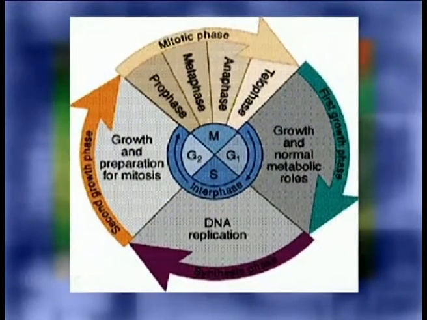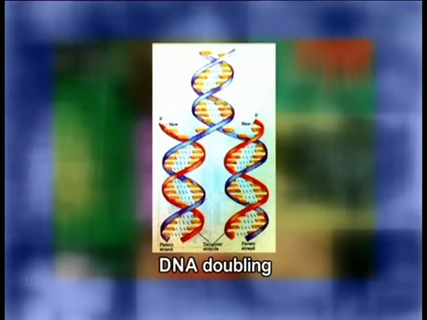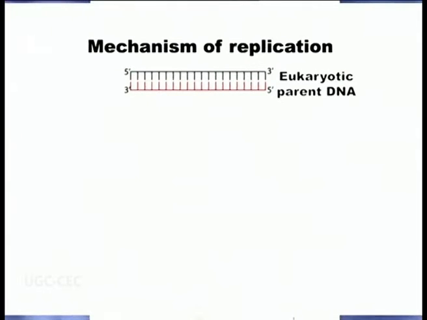Mechanism of DNA replication. DNA replication takes place during the S phase or synthetic phase of the interphase between two mitotic cycles. In this phase, the amount of DNA doubles. The individual unit of replication in a DNA is called a replicon.